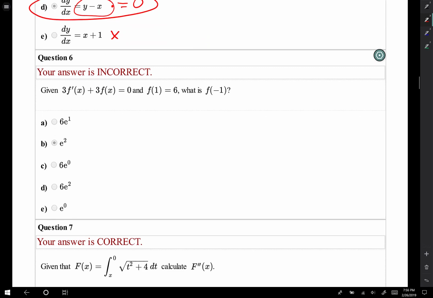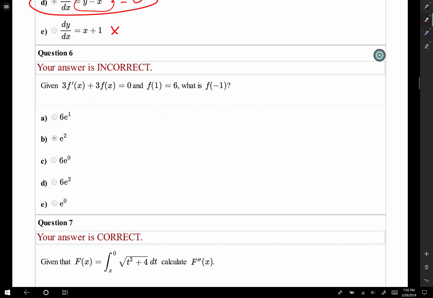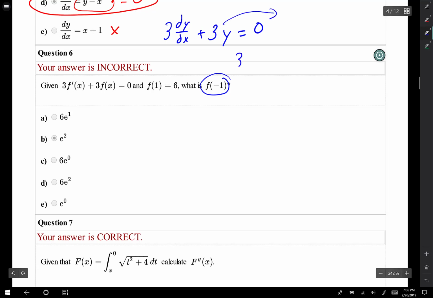Alright, here we go. This one, I guess, is a medium one. The first thing I would do is, it wants to see what f of -1 is, so I'd turn everything into dy/dx and x's and y's. So 3 dy/dx plus 3y equals 0. Then I'm going to move this 3y to the right, so 3 dy/dx equals negative 3y.